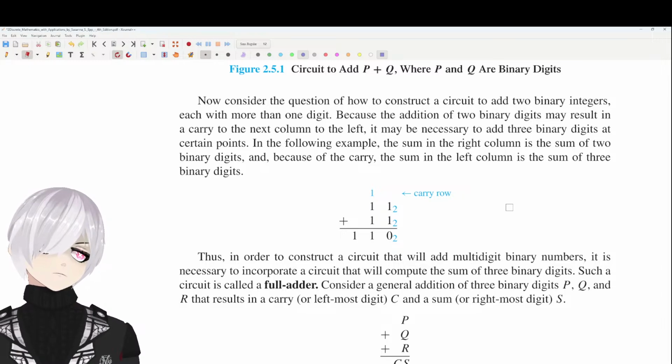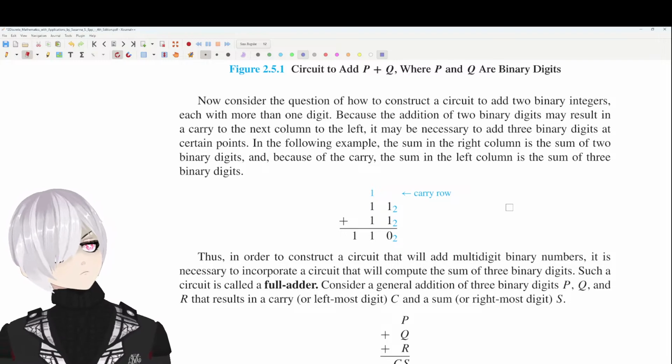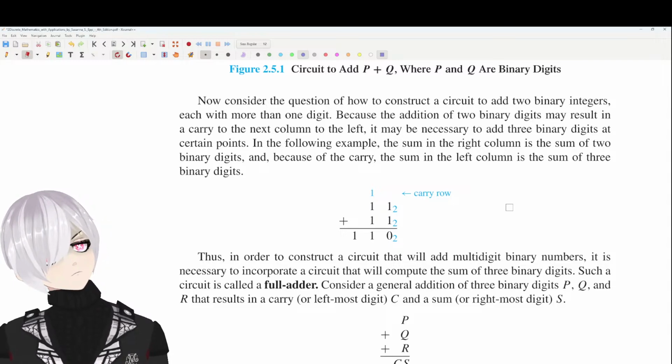So here we're doing 1, 1 plus 1, 1. And looking at the right column, we have a 1 plus a 1, and that's 1, 0. But we can't fit 1, 0 into the bottom there, so we've got to carry a 1 up. And then we end up with 1 plus 1 plus 1 in the next row. And that's going to give us 1, 1.